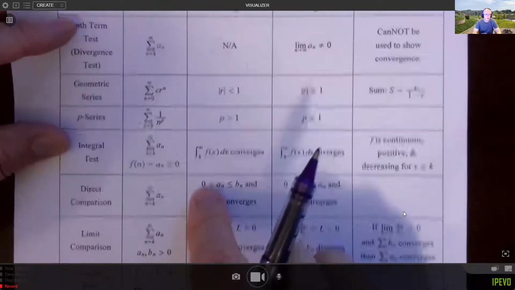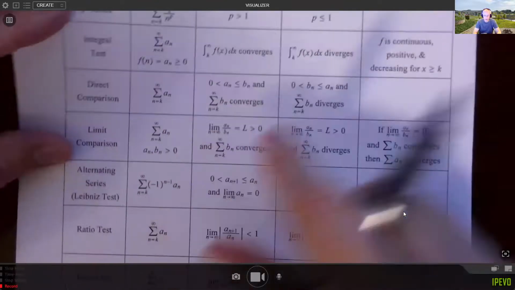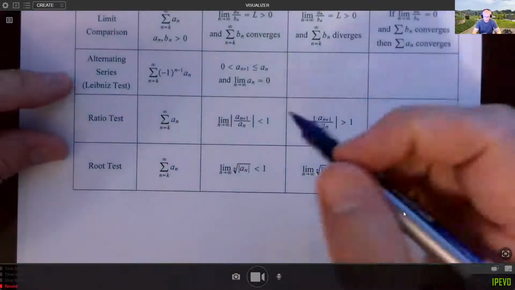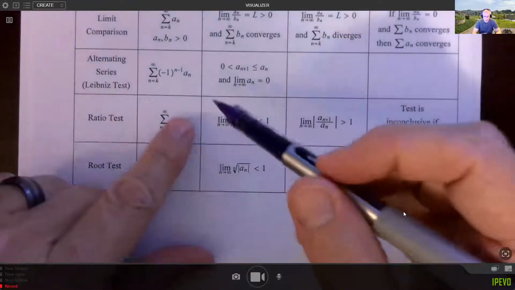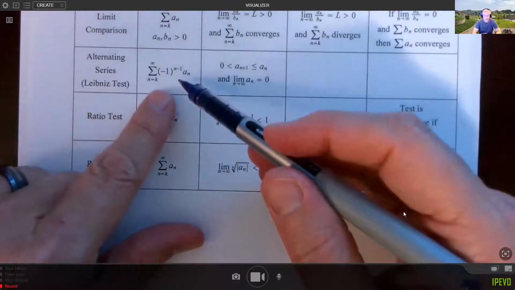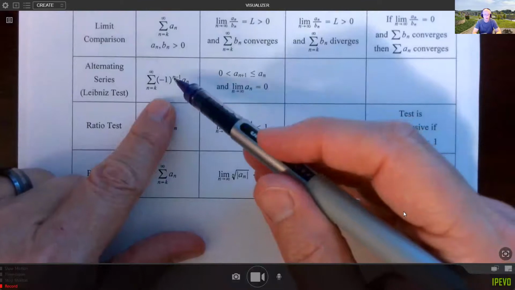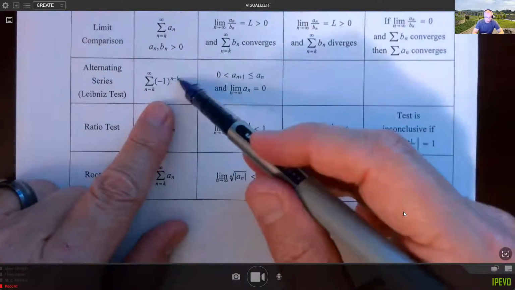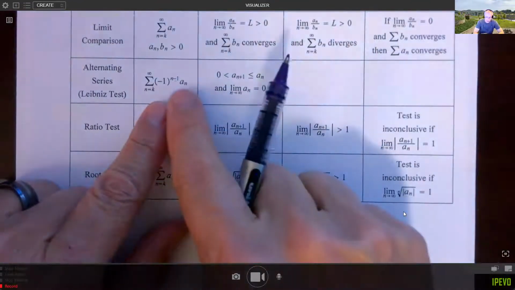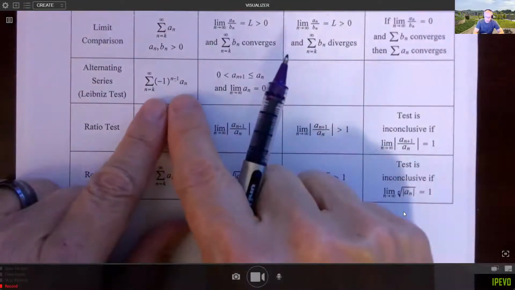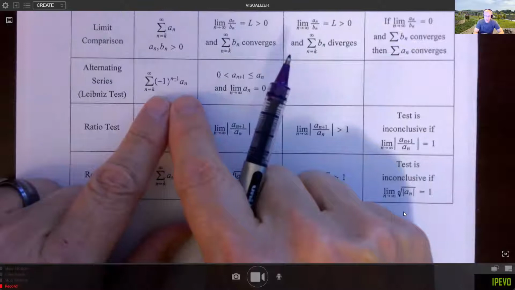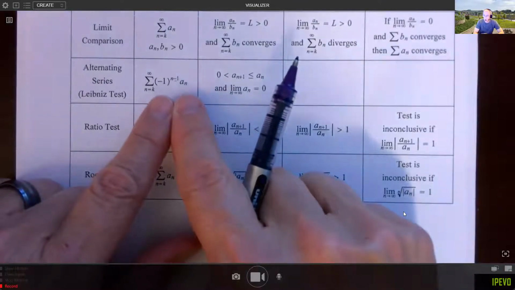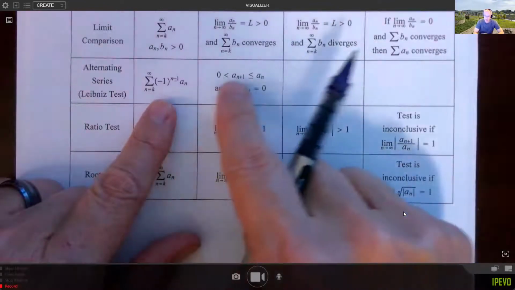If you go down a little further, you'll see the alternating series test down here, also known as the Leibniz test. And of course, it's the alternating series test because we're looking at an alternating series. Now, in general, I've written this as the sign changer (-1)^(n-1). It could be (-1)^n. Whatever it is, the signs of the terms of the sequence you're adding up have to alternate between positive and negative every other one.